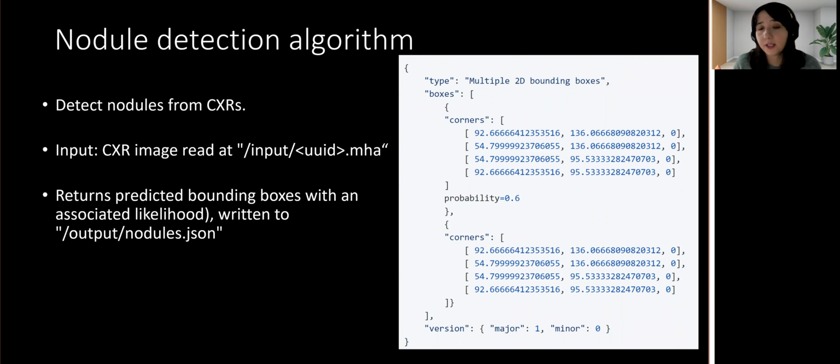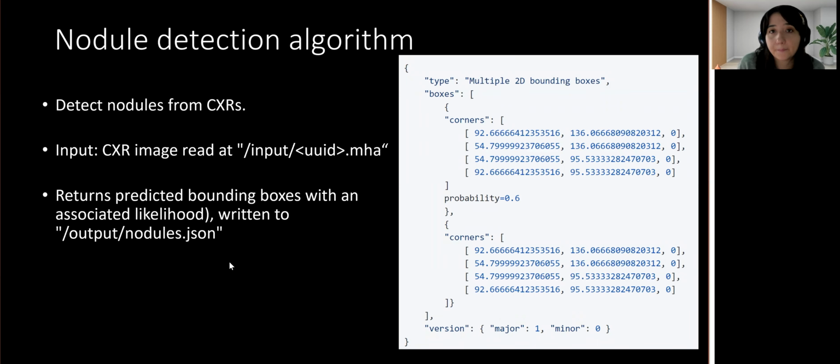First of all, the detection track algorithms are expected to detect nodules from chest X-rays. They should read the chest X-ray image from the location /input/name of the image.mha, and they should return multiple predicted bounding boxes with an associated likelihood, written as output to /output/nodules.json.